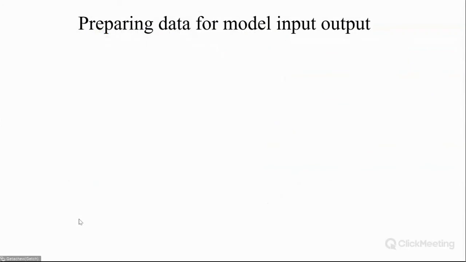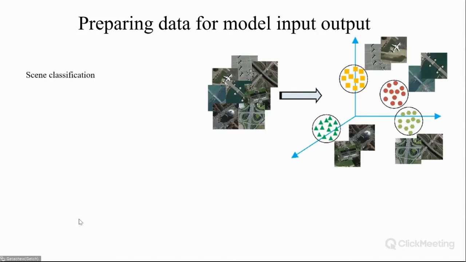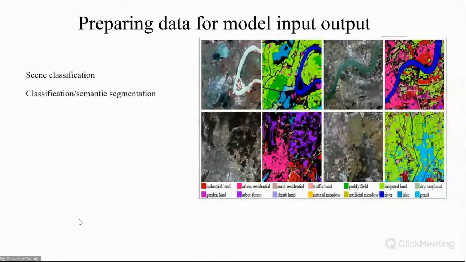What I want to speak about here is that when we say preparing data for the model input and output, the first thing we should note is what kind of model we have and what kind of task we are going to do. For example, if we are going to do scene classification from tiles, its input-output structure is completely different. If we are going to do classification or semantic segmentation, again, the input is completely different.